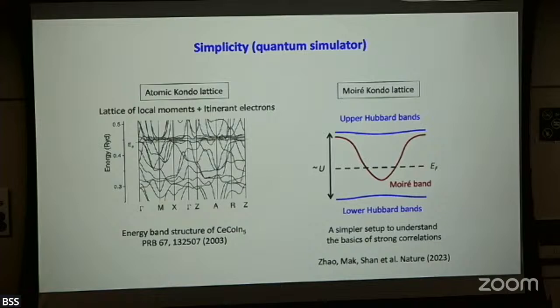And then I can have itinerant electrons in the other layer of the moiré. If the moiré potential is weaker in that layer, it will have more dispersive energy bands, and those can be your itinerant electrons, and they talk to each other. So this way, we can have the two important ingredients for a Kondo lattice and use this to explore the Kondo lattice problem. If you want to find more, you can look up this paper and some follow-up studies.